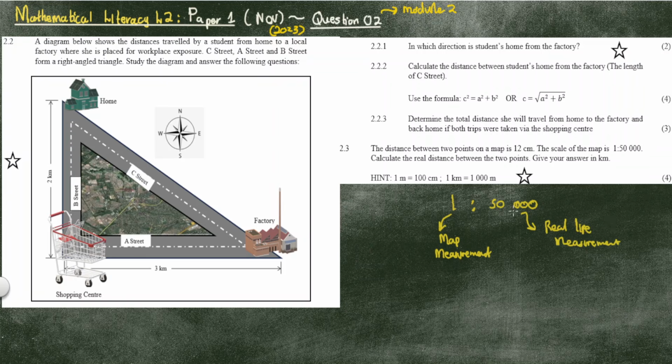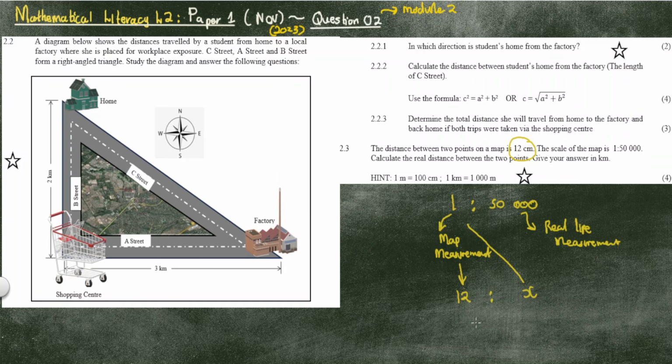Real life measurement. Now, the distance between 2 points on a map is 12 centimeters. So this is the map distance. Under 1, I'm going to put in 12 centimeters. And then the scale of the map is that. We want to calculate the real distance, which we don't know. I'm going to put an X next to 50,000.